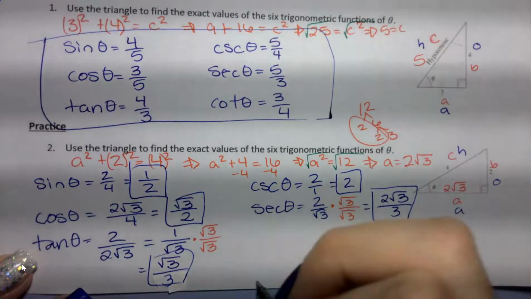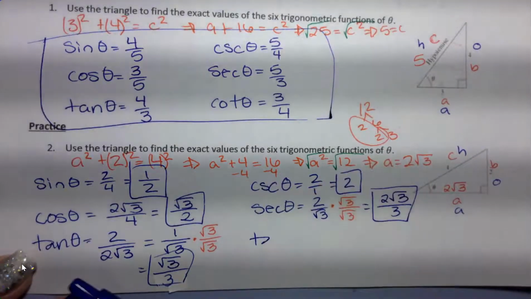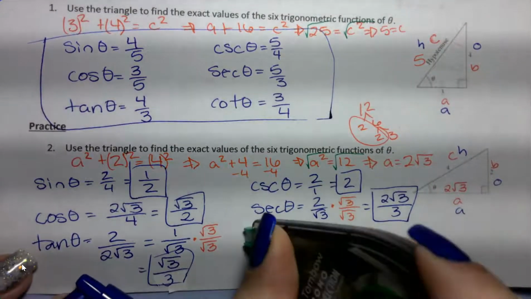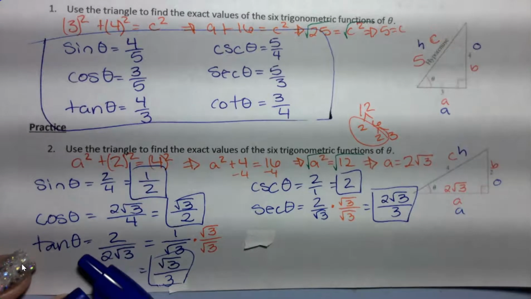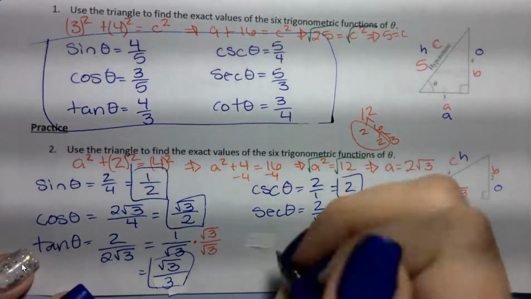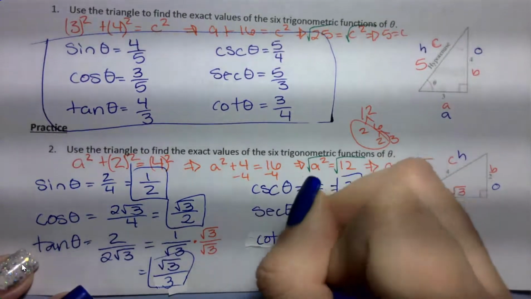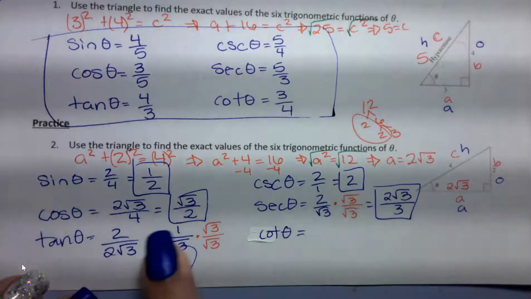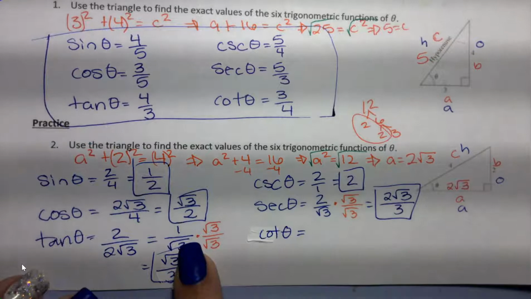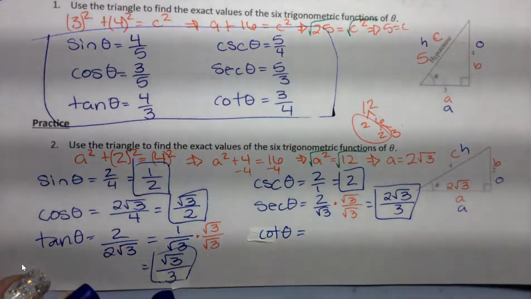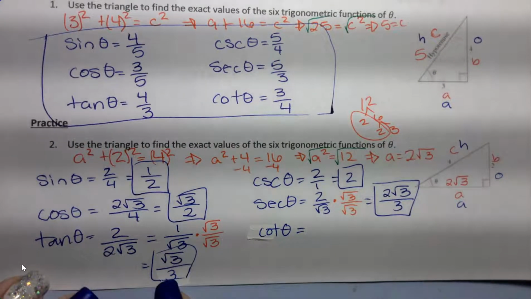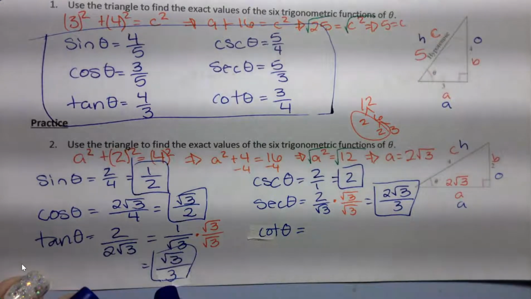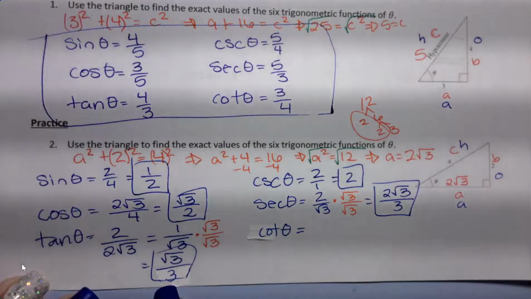On cotangent, when I look at my tangent function to use the reciprocal of, I can use anything I wrote in blue to flip. So I could flip this original one that hasn't been simplified, I can flip the one that has been simplified but not rationalized, or I can use the rationalized one. If I use the rationalized one, this will put my radical back on the denominator.